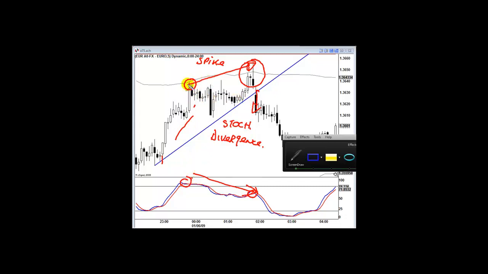But it often happens on the second attempt. We get a higher high, a very clear reversal spiking through the Bollinger Band, etc., but a lower high on the stochastic. So in other words, we're getting lower highs there, we're getting higher highs here. That's called divergence, because the price is going one way, stochastic is going the other way, and the stochastic divergence can be used as a very useful tool.